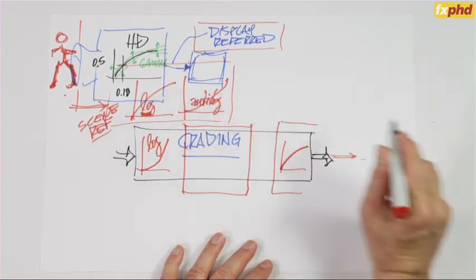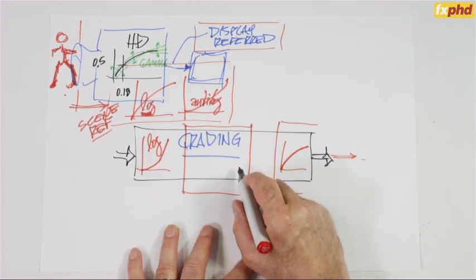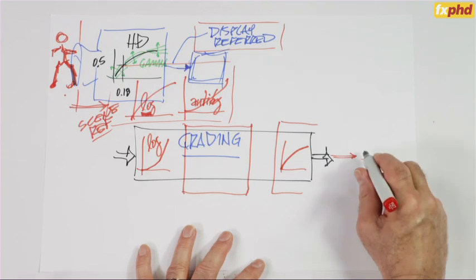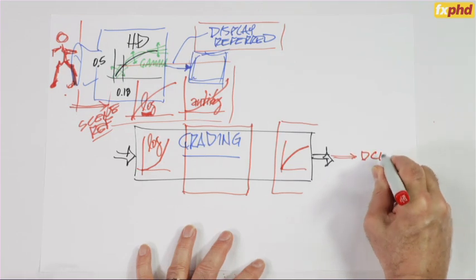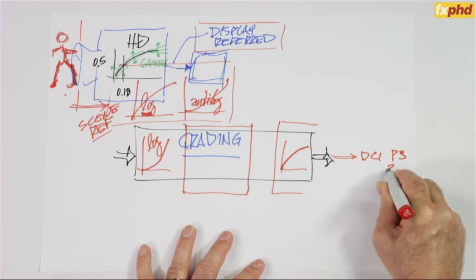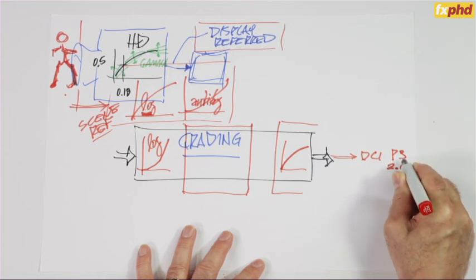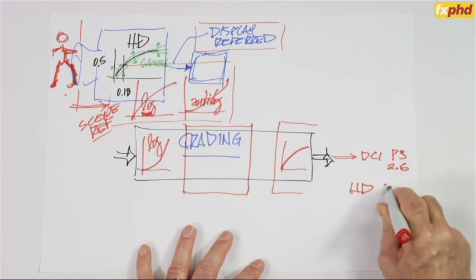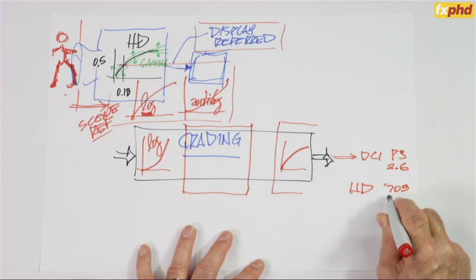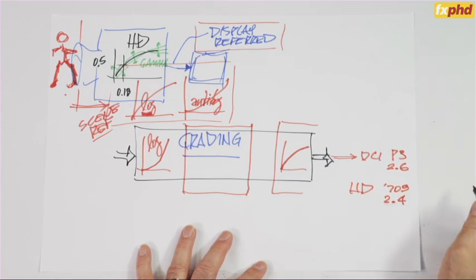So I'll use my log example. So we've got standards like DCI, which has got P3 gamut and 2.6 gamma, HD, which has got 709 color gamut and 2.4 gamma.